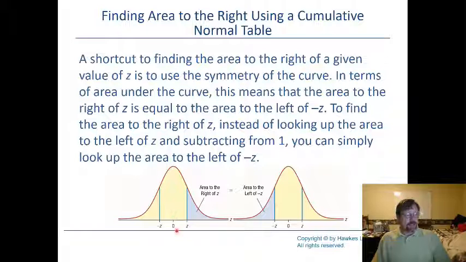If instead of looking up z in the table, we look up negative z, that's going to be our probability. If we're interested in what's to the right of z, that is the same area as what is to the left of negative z. So we can look up negative z in the table, and that will give us the answer for what's to the right of positive z.